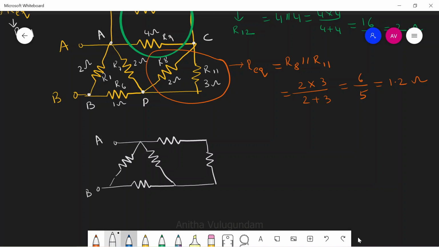A, B. This is 2 ohms, R1, 1 ohm, R6, 2 ohm, R7. This is R12, 2 ohm, and let this be R13, 1.2 ohm. Okay.